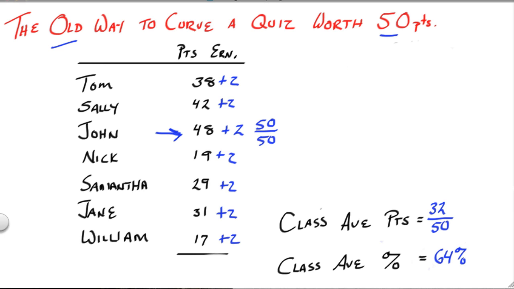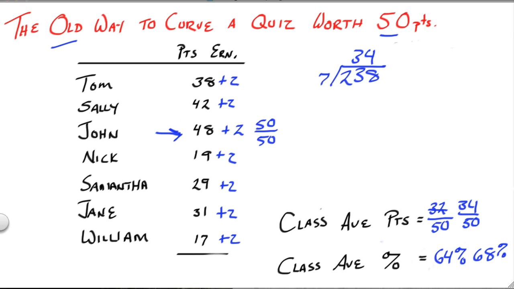We get 238 divided by 7. That's going to give us a 34 over 50, which is still a 68% class average.